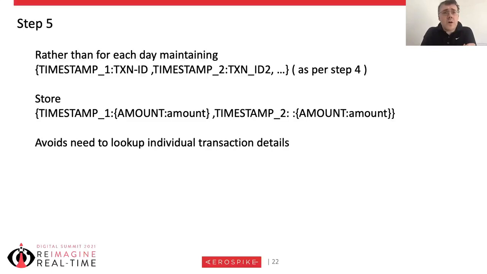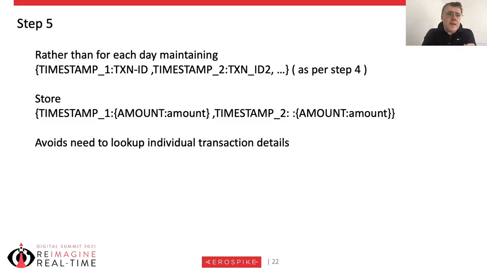Here, the one quantity I need to compute average spend is just the amount of the transaction. I don't need to track the number of transactions anymore, because I can figure that out by counting the number of amounts that I have. So rather than storing the transaction ID, which was previously a simple key value relationship, I pull out the things that I need. For purposes of this presentation, I'm just going to pull out the amount of the transaction, but I could pull out other quantities.